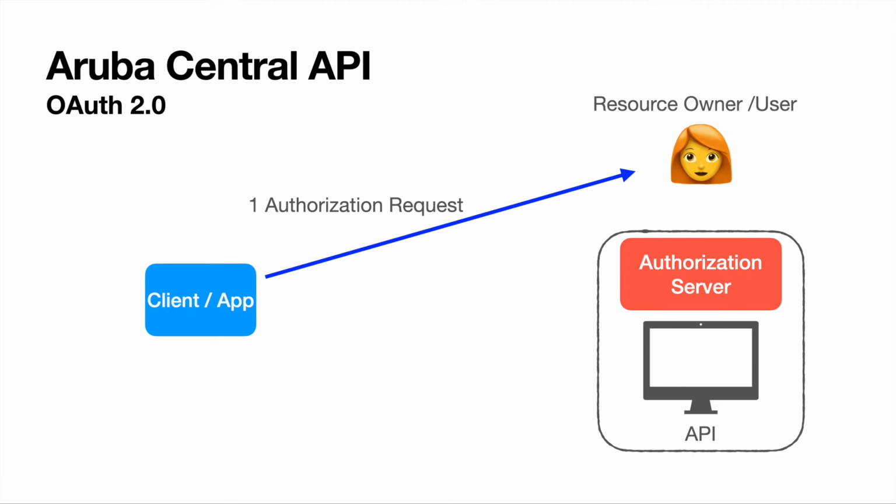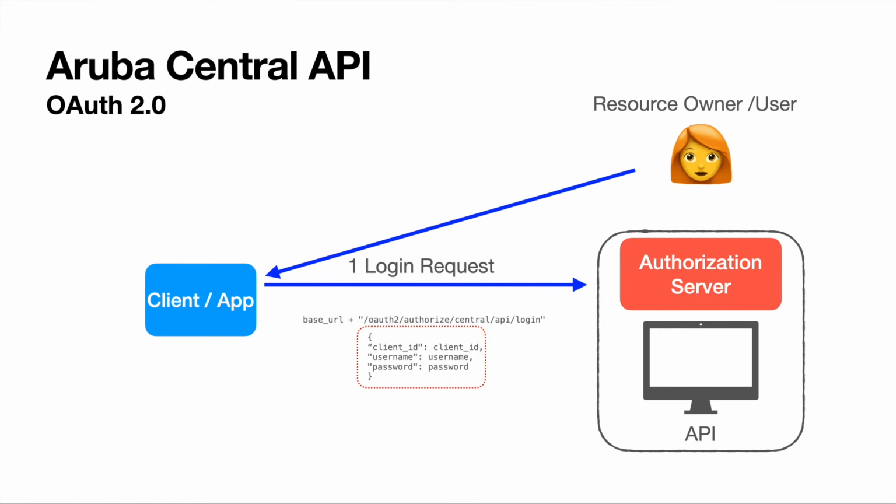So the way that I've illustrated it is that the login request, which is what we're going to send, comes from the user. We put it into the application, and then we send our details to the authorization server, to the API, in a login request. On screen, you can see the base URL, so that's our Central URL, and then we've got this to login, okay? So that's why I've called it a login request.